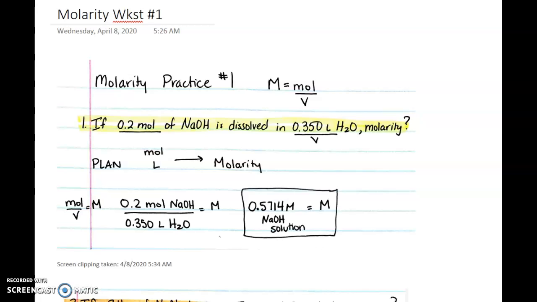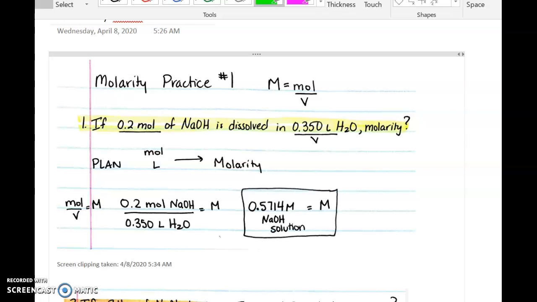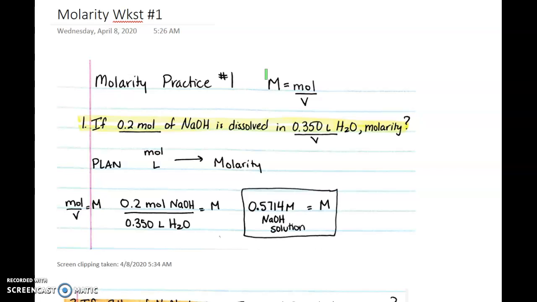For our purposes, we focused this unit on solids dissolved in liquids. So let me just highlight this. This part right here is our main equation. Molarity, or the concentration, equals the moles per volume.